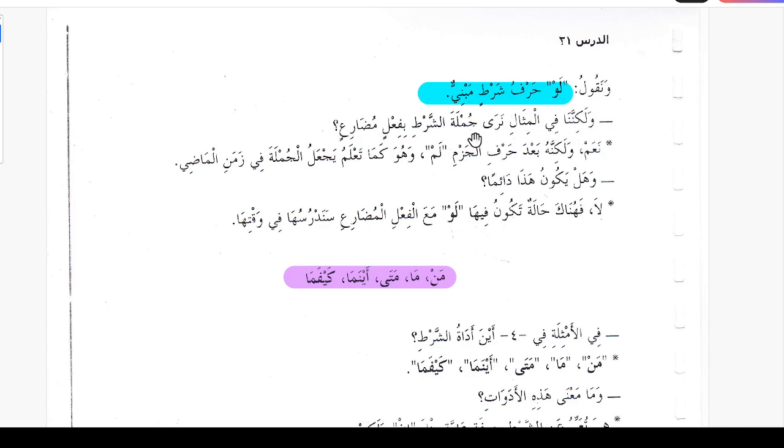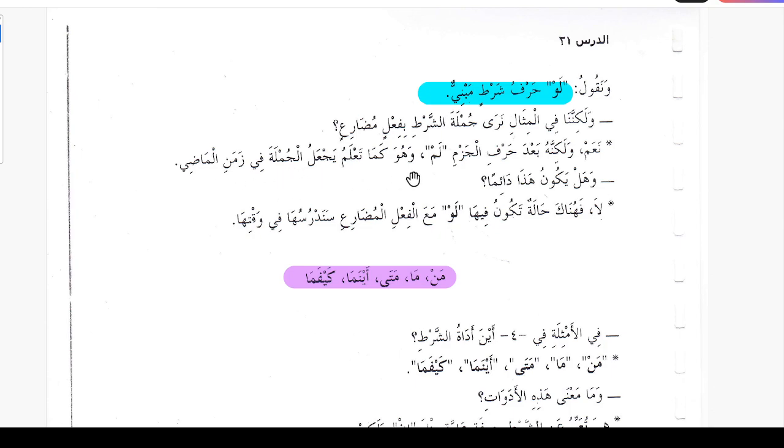But we see the jumla shartiya with the fe'l mudare. Yes, but it is after the harful jazm lam, and as we know, this particle takes the present tense into the past tense, so it makes the jumla past tense.